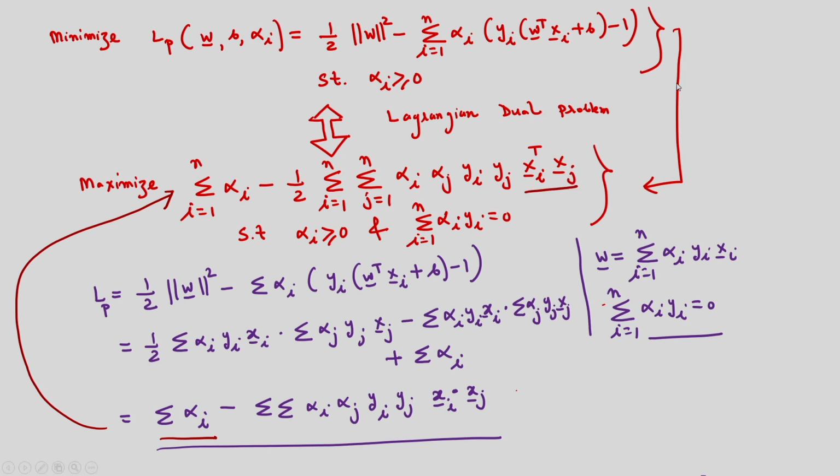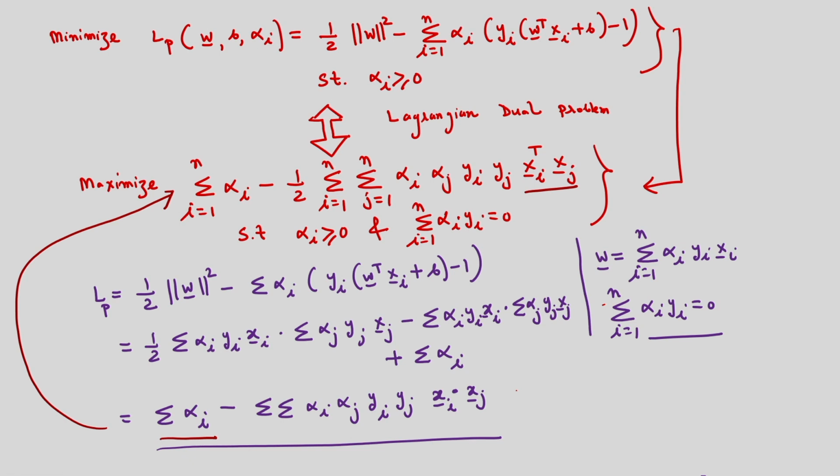So it is an inner product between x i and x j, that means x i dot x j, which I can write as x i transpose x j. That is the importance of the dual form, the advantage of this Lagrangian formulation.